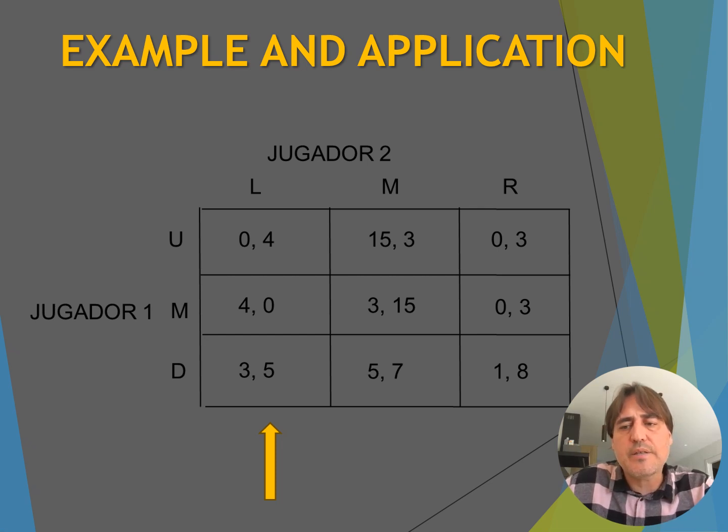We see that it is 4 if player 1 chooses M, since 4 is greater than 0 and 3.